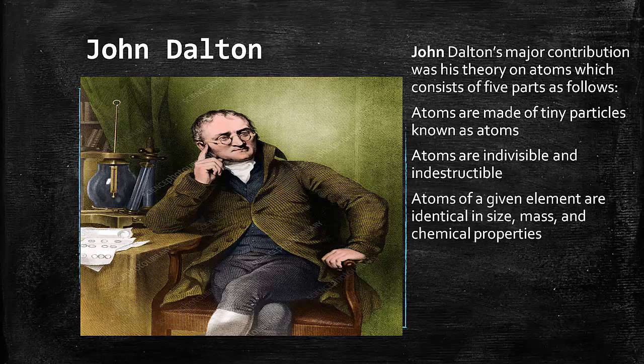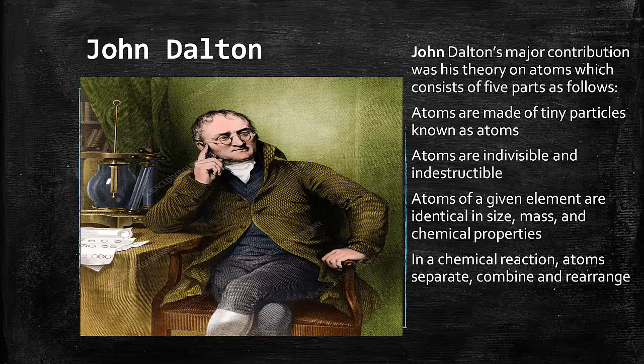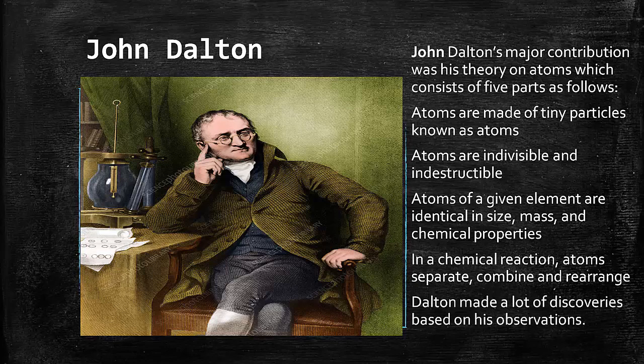Atoms of a given element are identical in shape, mass, and chemical properties. In a chemical reaction, atoms separate, combine, and rearrange. And the last one was that Dalton made a lot of discoveries based on his observations.